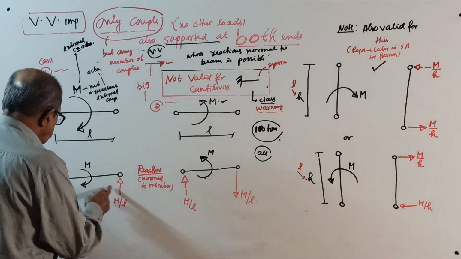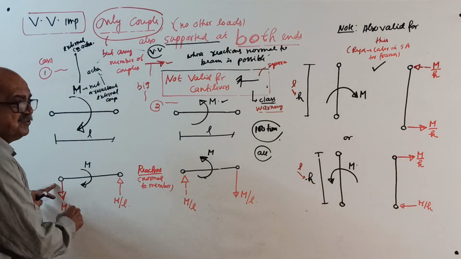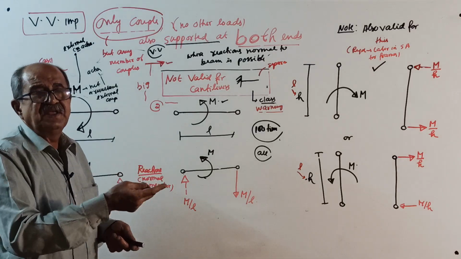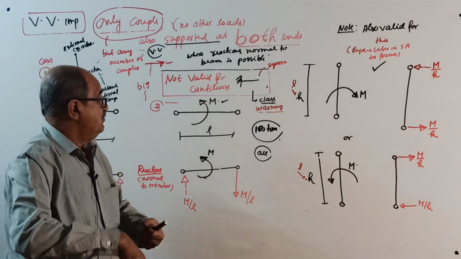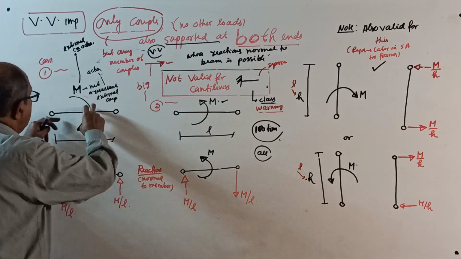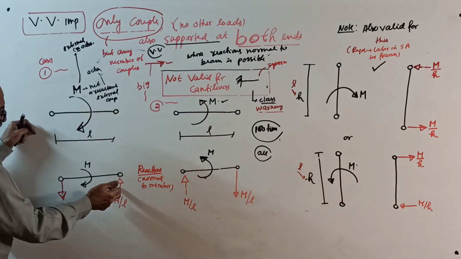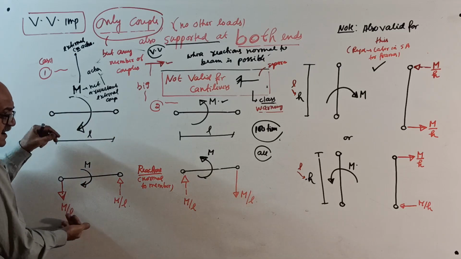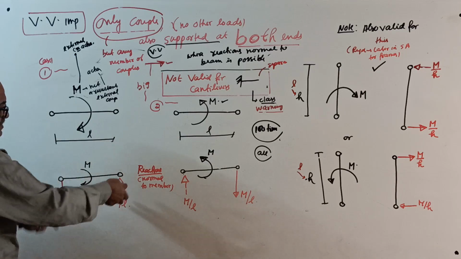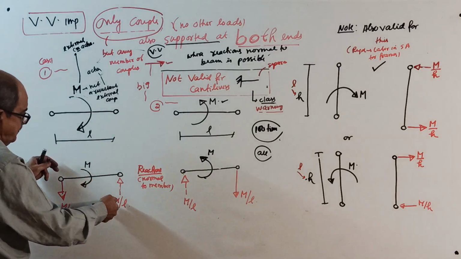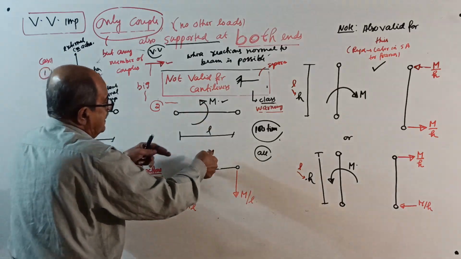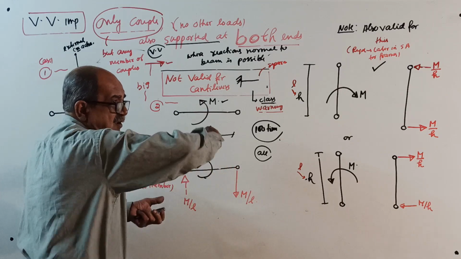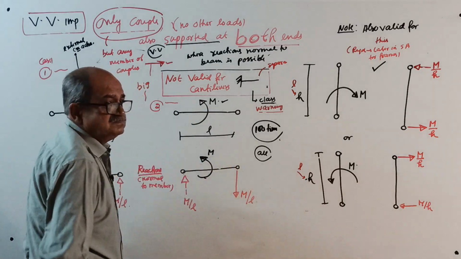So, the two supports should develop reactions so that those two reactions form a couple which should balance this couple M. If the couple is M, these two reactions will create an anti-clockwise couple. So that's why I put it this way. See here, if the couple is anti-clockwise, these two reactions will produce a clockwise couple.